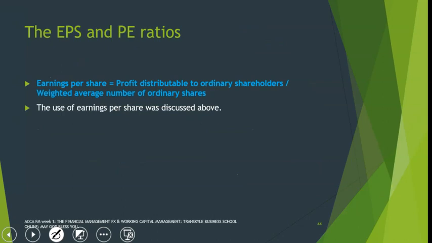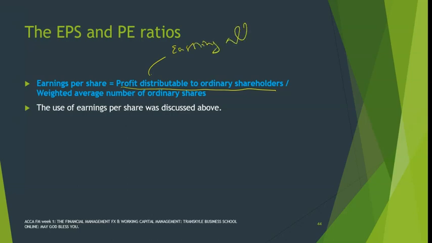Now let's talk of this as a recap, because we have been talking of the earnings per share, but it has got its brother, the price earnings ratio. Earnings per share is equal to profit distributable to ordinary shareholders over the weighted average number of ordinary shares. Profit distributable to ordinary shareholders is the same as earnings attributable to ordinary shareholders, which we have been using.